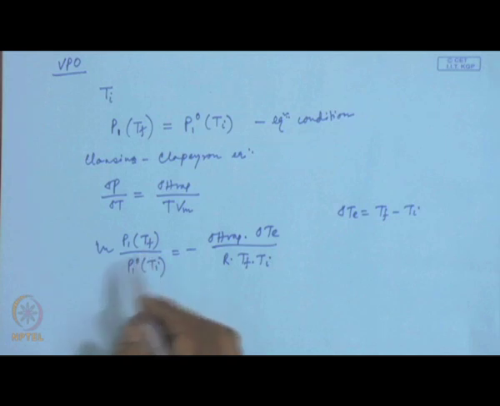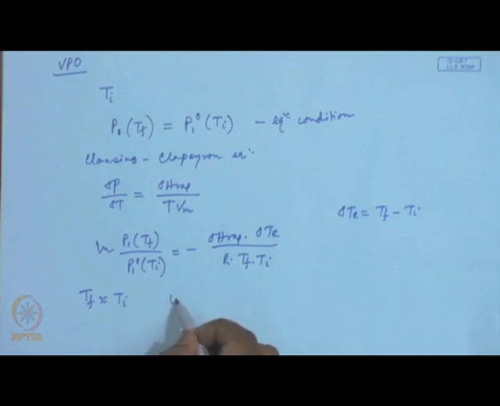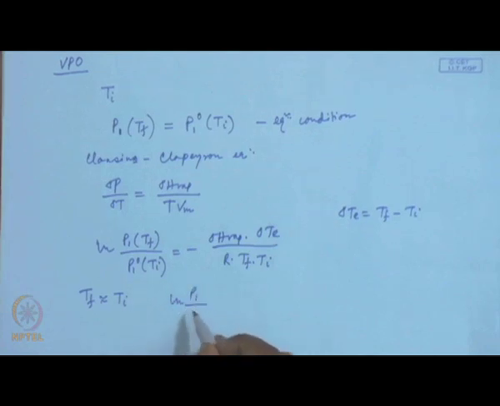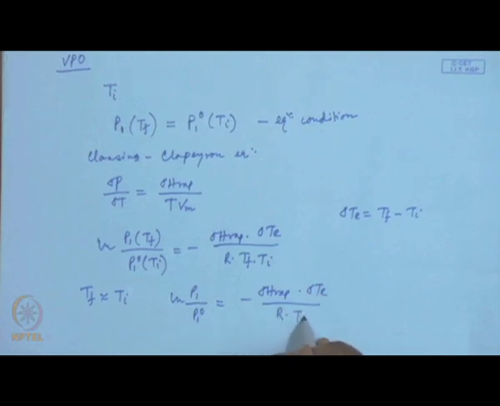Now, because Tf is very close to Ti, we can simply write this expression for P1 by P10 as minus del H vaporization delta T E by R T I square. Now, this term is nothing but ln of the activity of the solvent.